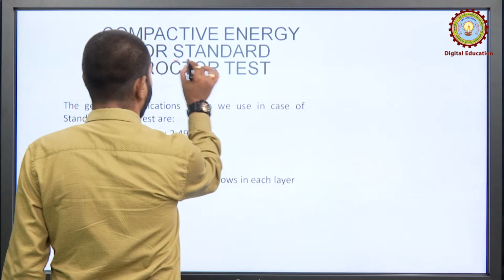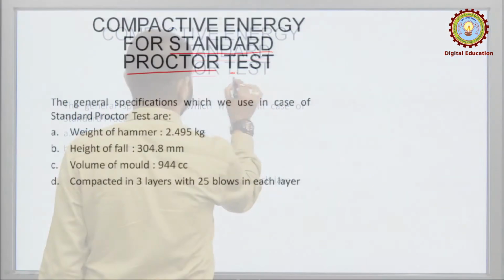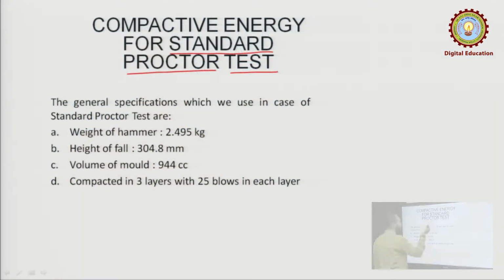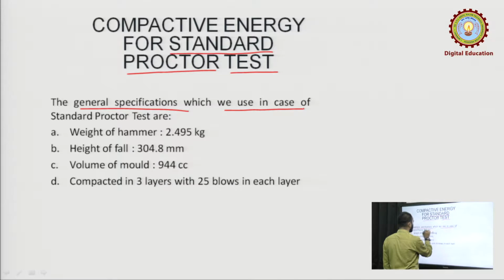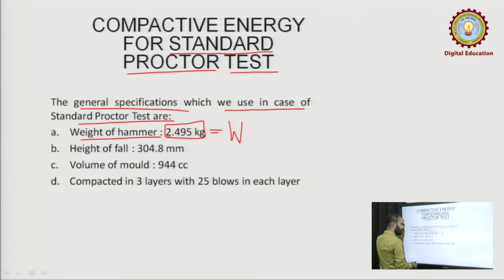Now the standard Proctor test is one of the tests which is generally used. The specifications in this test are: weight of the hammer, capital W, nearly 2.5 kg, 2.495 kg. Then height of fall, small h, is 304.8 mm or nearly 31 centimeter.